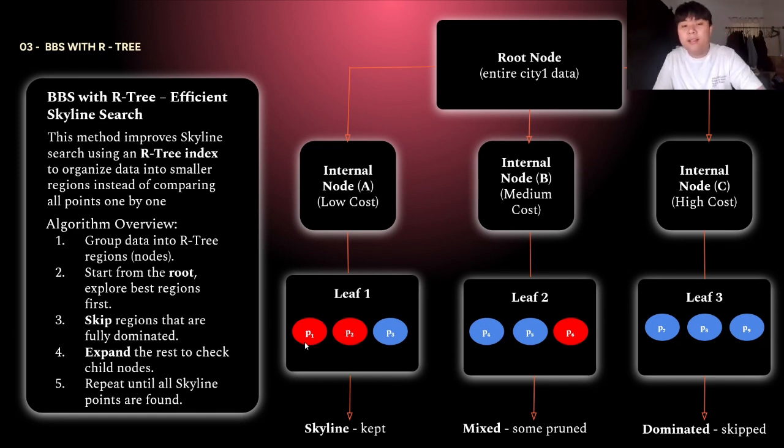So in the low cost, two skyline points were kept, the medium was mixed, and the high cost was entirely skipped. That's why it's more efficient: it entirely skips the nodes that are not relevant.